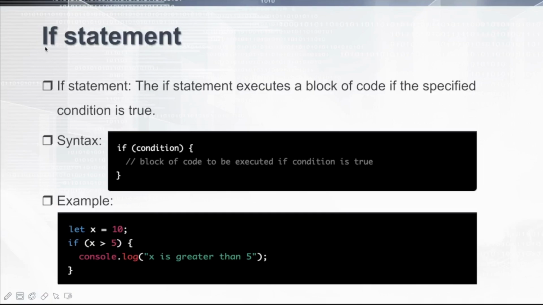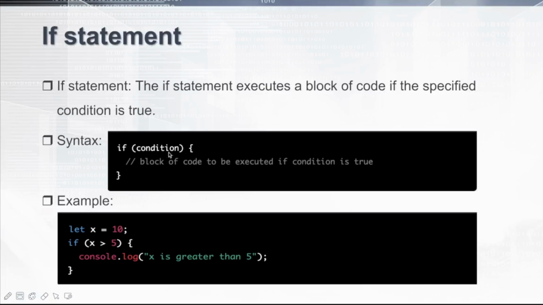First we have the if statement. The if statement executes a block of code if the specified condition is true. This is used with expressions that evaluate to true or false. An expression, in this case, is known as a condition.